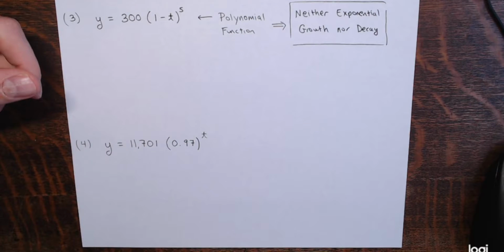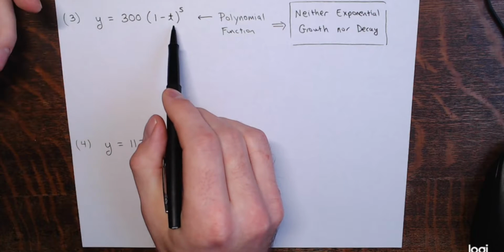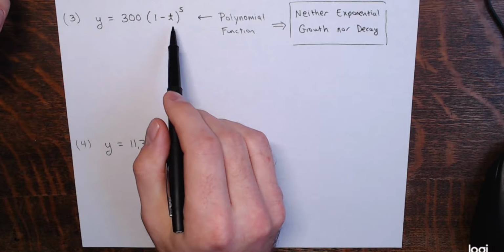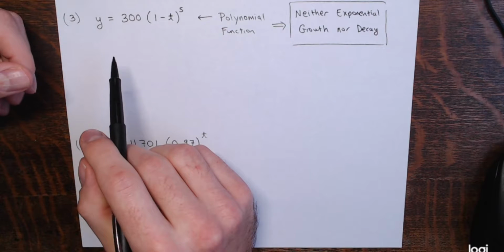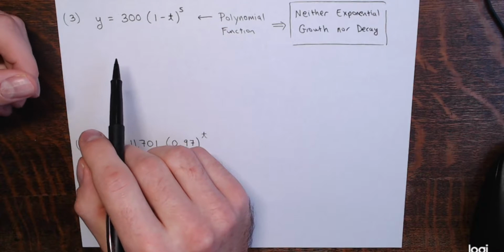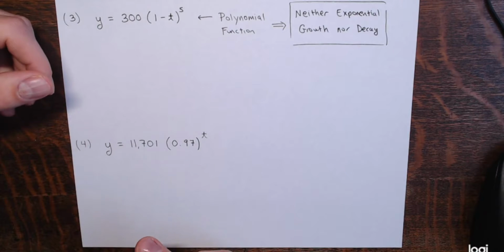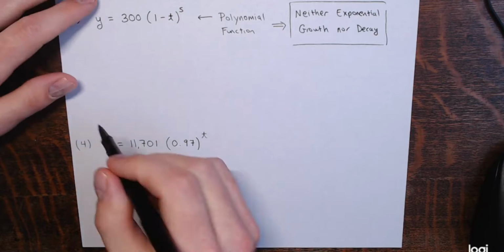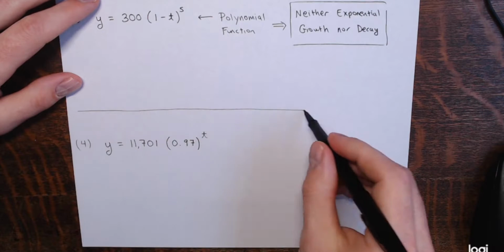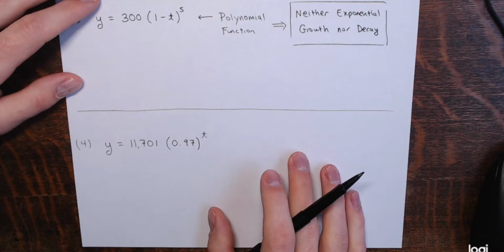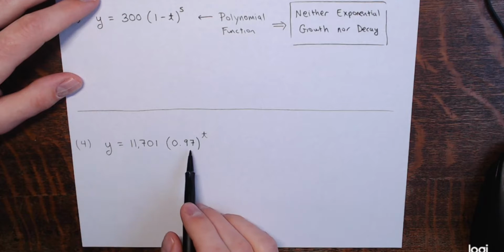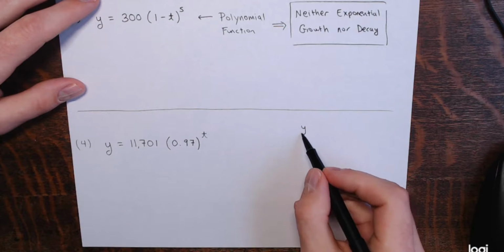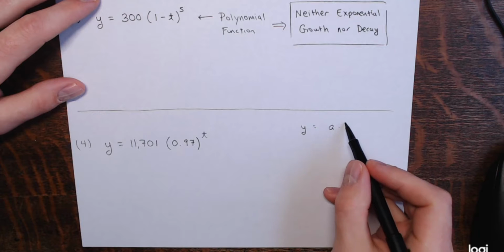In fact, here the domain would be all real numbers, and the range would be all real numbers as well if you were to take a look at a graph of this, but I'm not going to do that. But that doesn't happen in exponential functions. For an exponential function, the range won't be all real numbers.